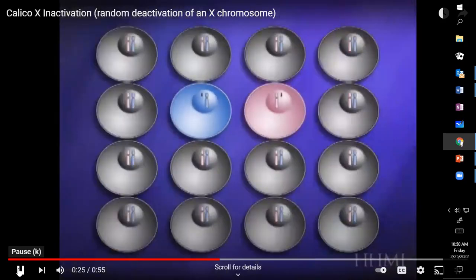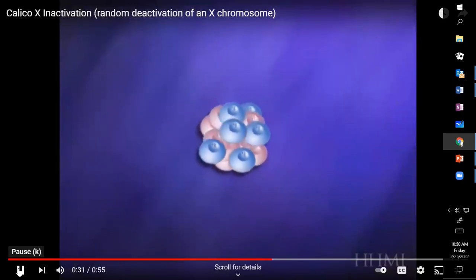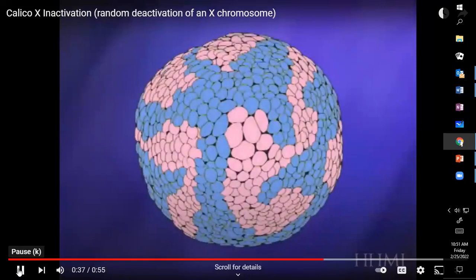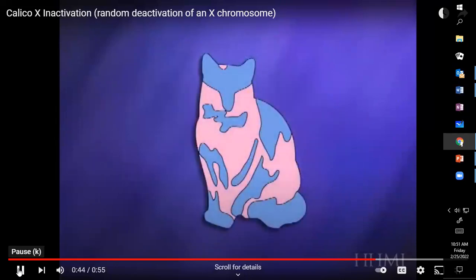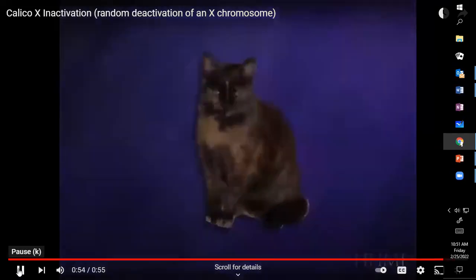This process will happen at random, and you'll have almost half of the cells with the maternal X active, half with the paternal X. The embryo will continue to grow, cells divide, and all the descendants of that cell will keep the same X active. And you've seen this in calico cats, right? The coat color gene is on the X chromosome. That's precisely why these cats have a mosaic appearance, because of X chromosome inactivation.